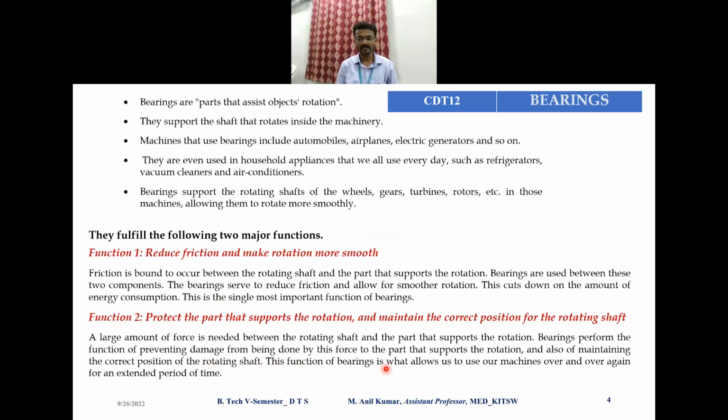This function of bearings is what allows us to use machines over and over again for an extended period of time, like fans, rotor systems, motors. These are some examples.